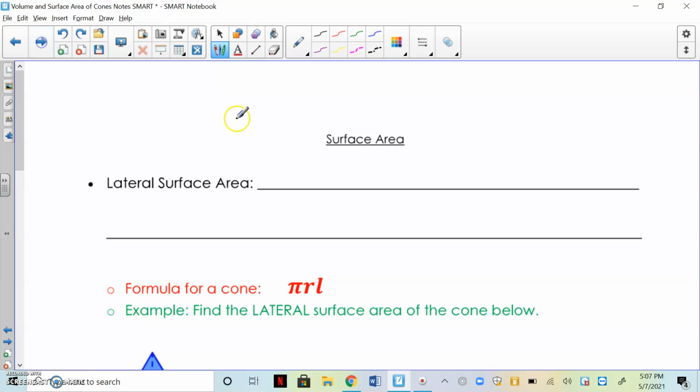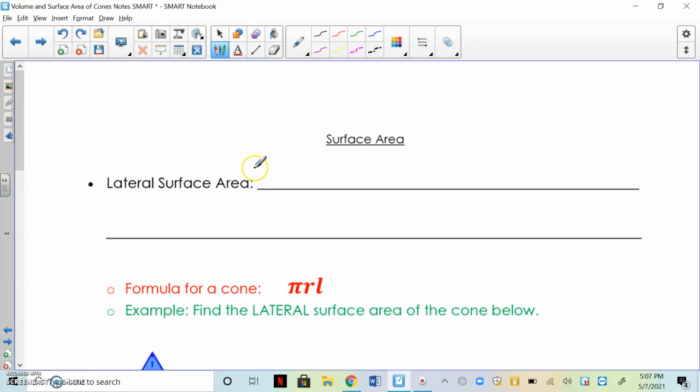All right, on to the surface area stuff. We're going to learn a couple of new vocab words today, and these words really always existed ever since we started with cylinders and prisms, but we are focusing on them starting here with the cones. We have talked a lot about surface area, which is all of the surfaces around a figure.